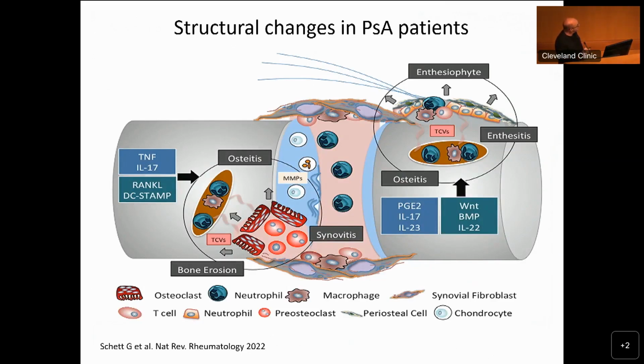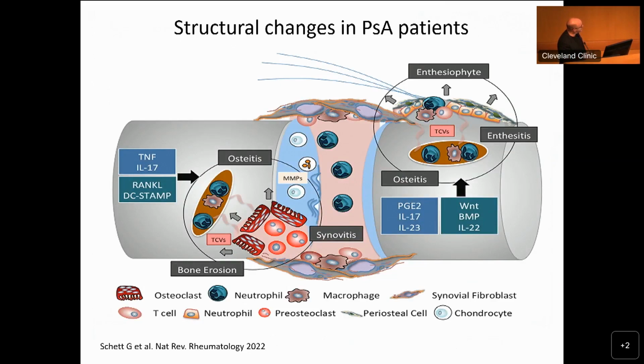So psoriatic arthritis has this part of structural change in common with rheumatoid arthritis. It's the periarticular bone erosion, which is driven by synovitis. It's driven by inflammatory cytokines like TNF, IL-17 particularly, leading to osteoclast differentiation. And then you get osteitis in addition. Osteitis is a non-specific feature.